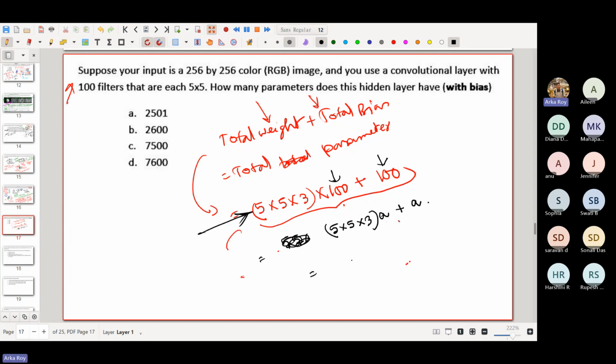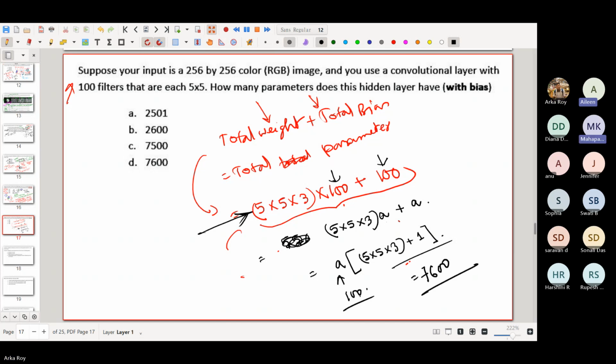I can take this a common, so I can write it as 5 cross 5 cross 3 plus 1, into a. Can I write like this? Yes, sir, I understood. So this a is the 100 value. This is how you get 7600.